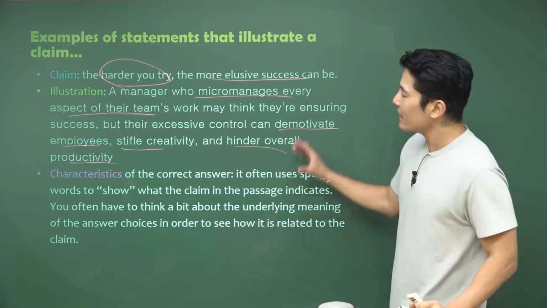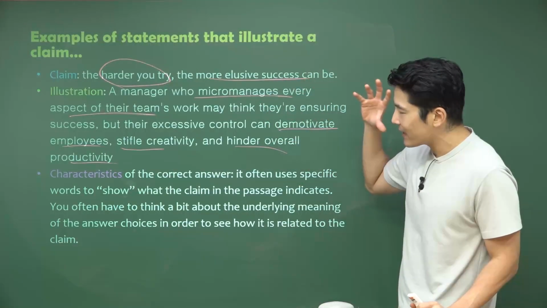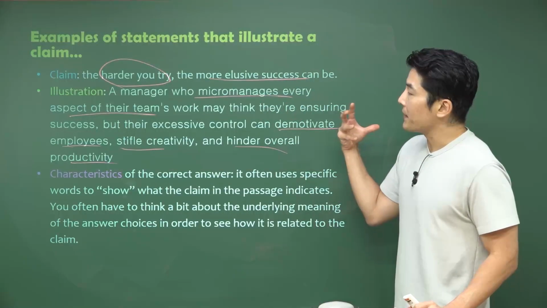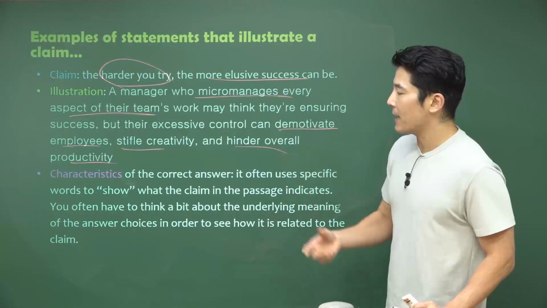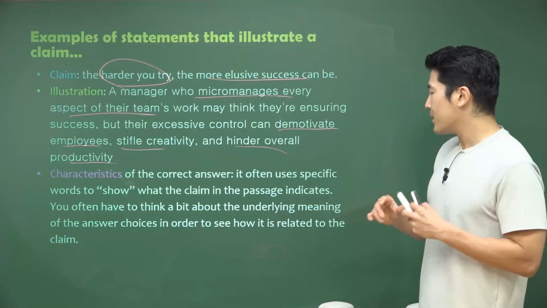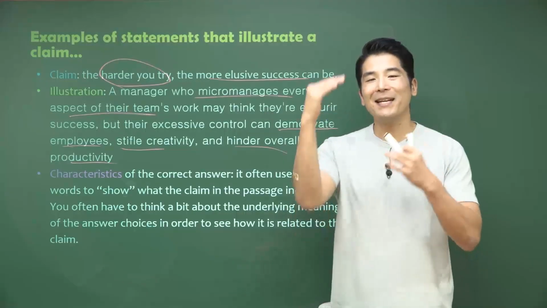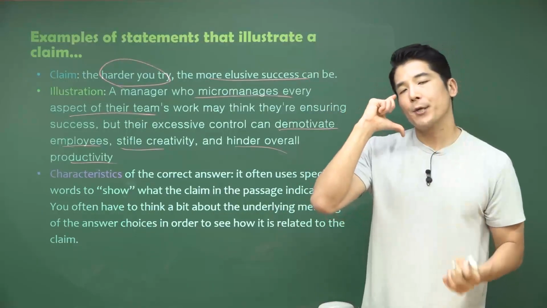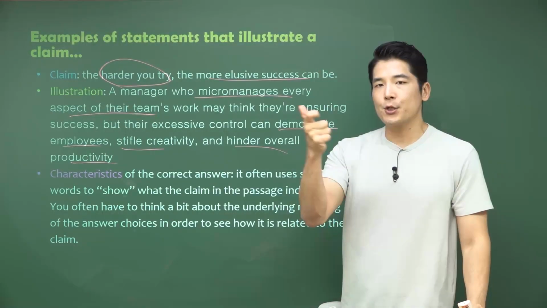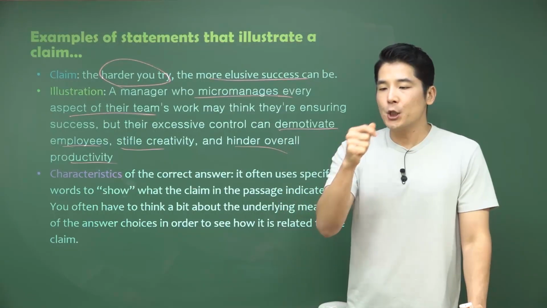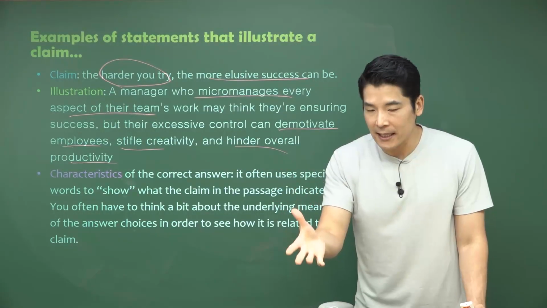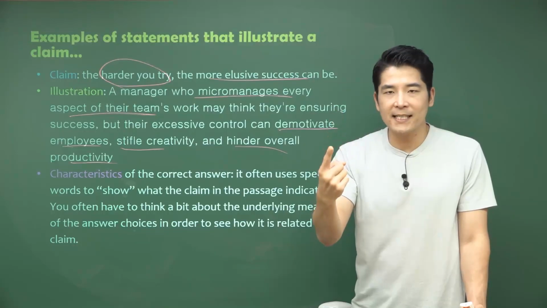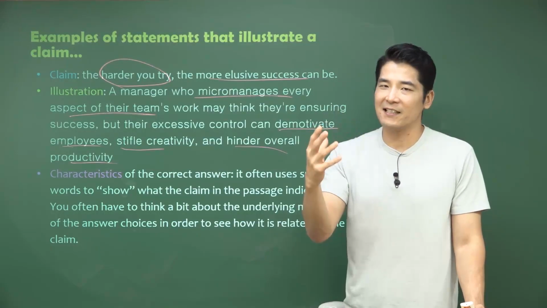If we look at the correct answer for these statements that illustrate the claim, one of the things right off the bat that you have to understand is it's going to be directly related. The way you want to think about the answer to the question that asks which choice most effectively illustrates the claim, the first criterion is it has to directly relate to the claim.